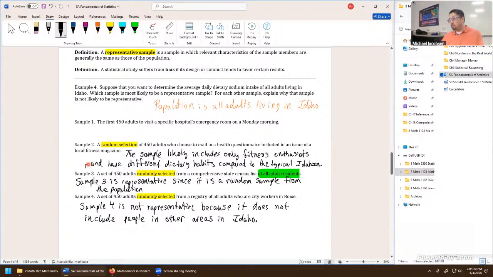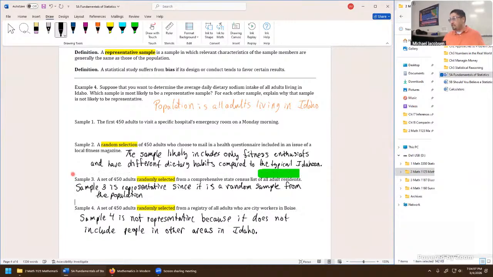So that's a really bad sample, I would say. I would say sample 2 is worse than sample 4 because we are really looking into people with a certain set of habits already, which aligns with their dietary habits when they become fitness enthusiasts in the first place.